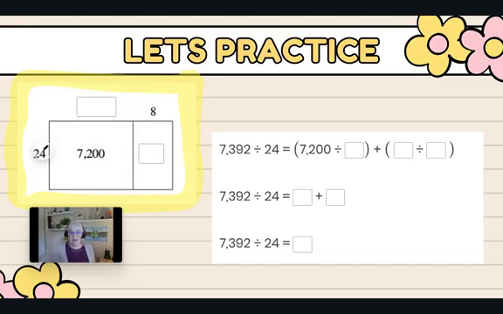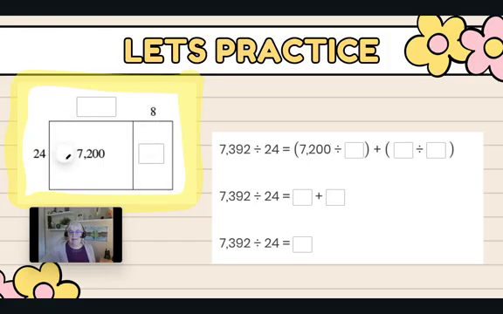We know that 24 times a number is going to give us 7,200. We also know that we're going to multiply 24 by 8 to get another number, and that when we add these two numbers together, we're going to have our total.